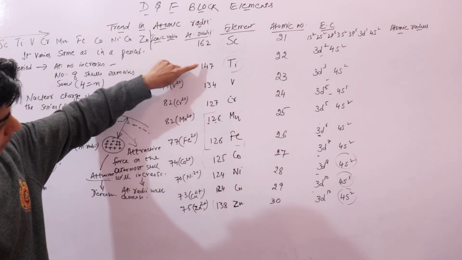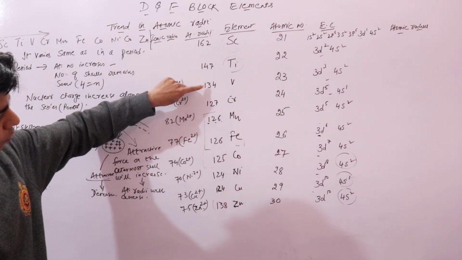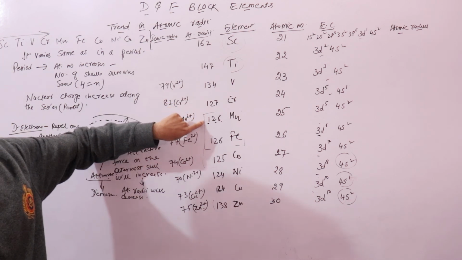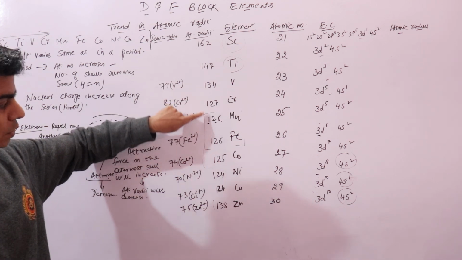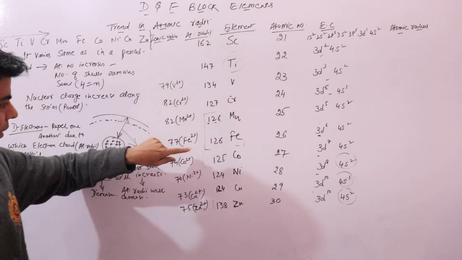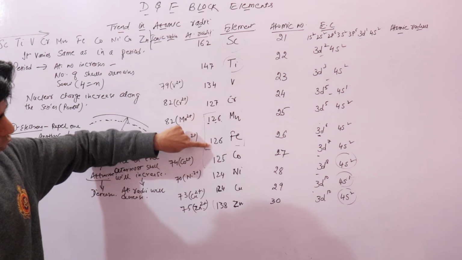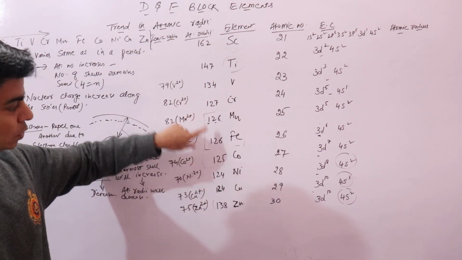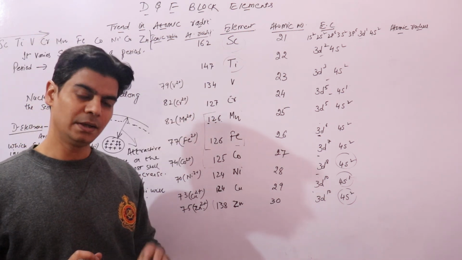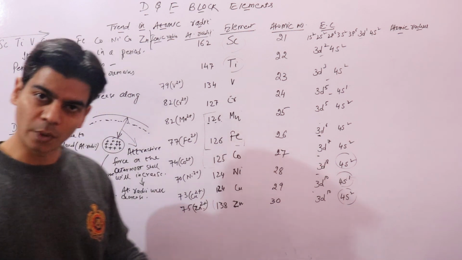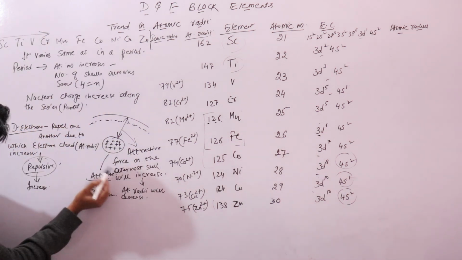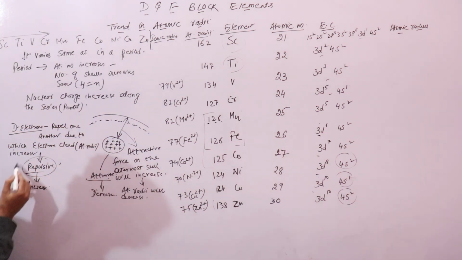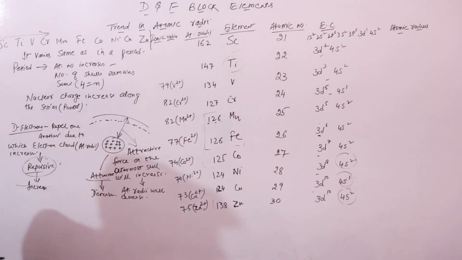Now here, as you move down, 127 to 126, only one unit decrease in atomic radii, right? And from manganese to iron, no decrease, right? So this decrease in atomic radii is becoming less and less, right? Why? Due to decreasing attractive forces and increasing repulsive forces due to d electrons, right?